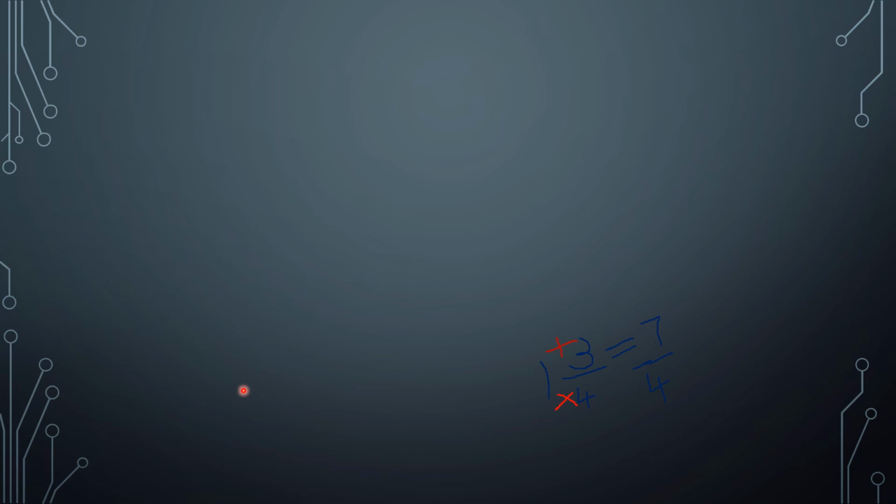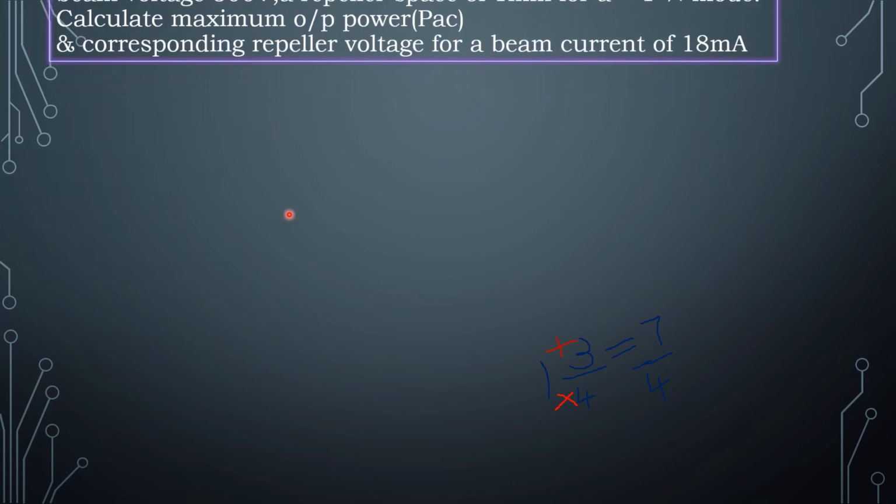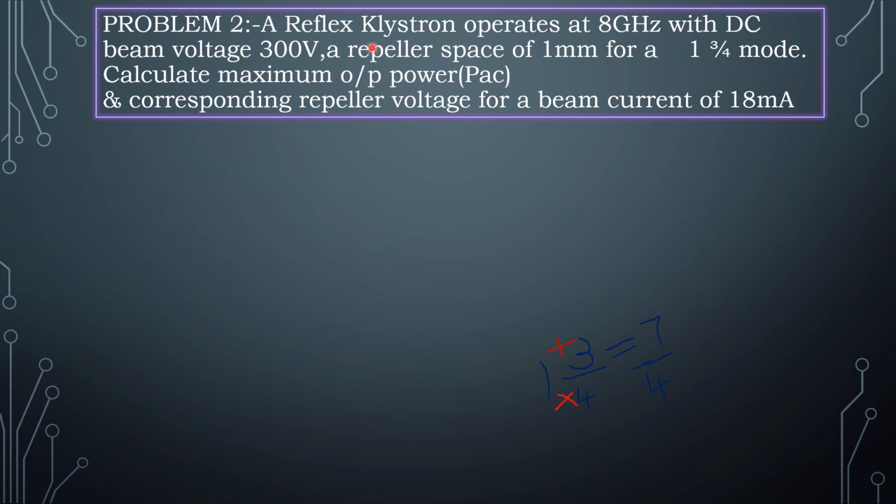Now let's solve the second problem, which is stated as: a reflex klystron operates at 8 GHz with a DC beam voltage of 300 volts, a repeller space of 1 mm for a 1 3/4 mode. Calculate the maximum output power, denoted as PAC, and the corresponding repeller voltage for a beam current of 18 microampere. The repeller voltage is denoted as VR and the beam current is given as I0.